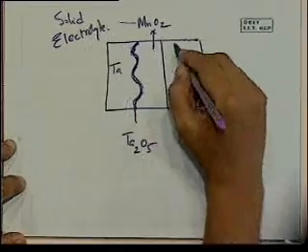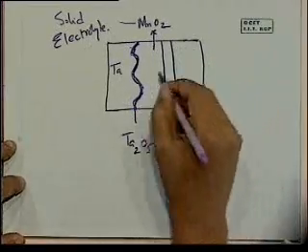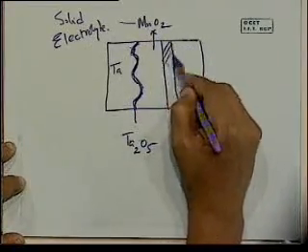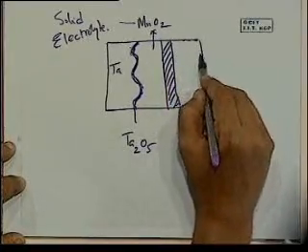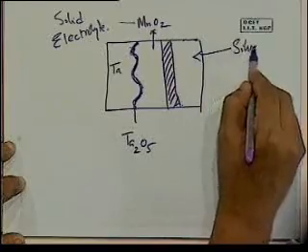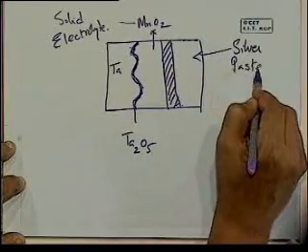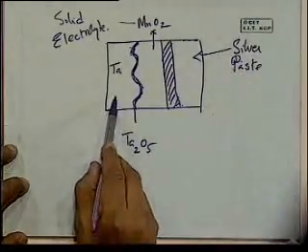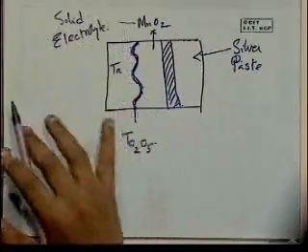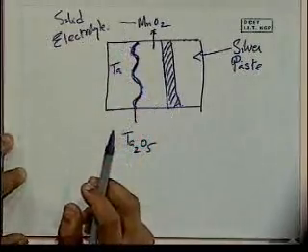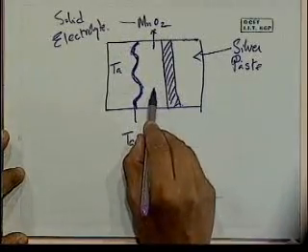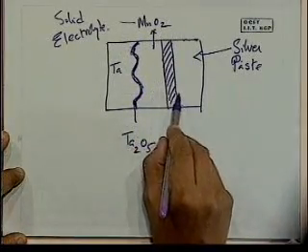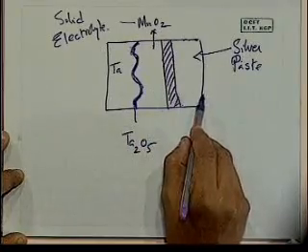On top of that, then, there is a layer of graphite. Graphite is conducting, to which then silver paste is coated. So tantalum pellet, a big pellet, surface has been oxidized to give us Ta2O5 by anodic oxidation. On top of that, we put a paste of MnO2, then graphite, and then silver paste.